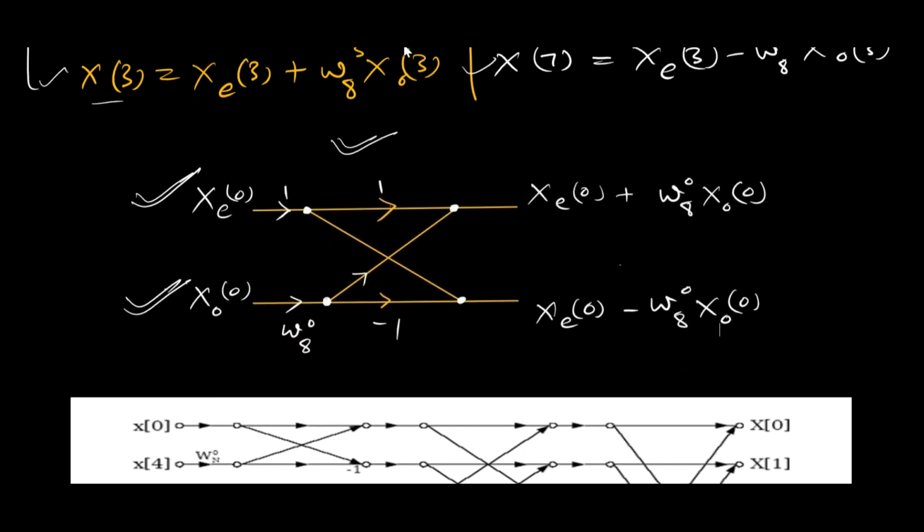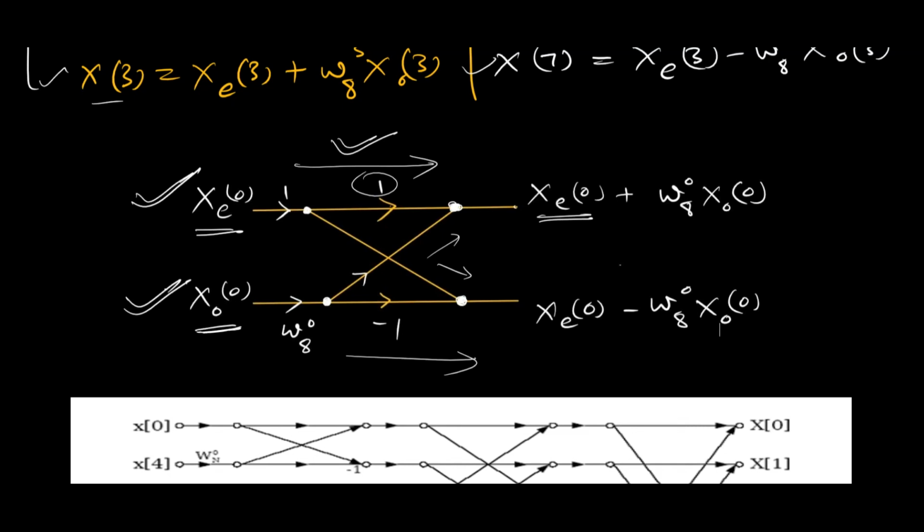The things will get multiplied on these straight lines and on these cross lines, and on these nodes your values will get added up. Now if you see, this xe0 will get multiplied with 1, and ultimately it results in xe0 at this place.